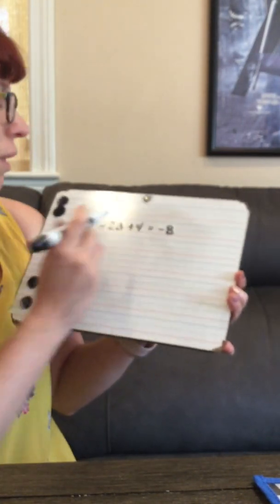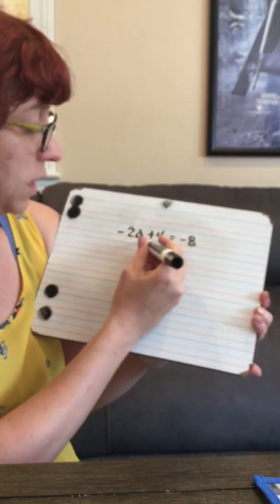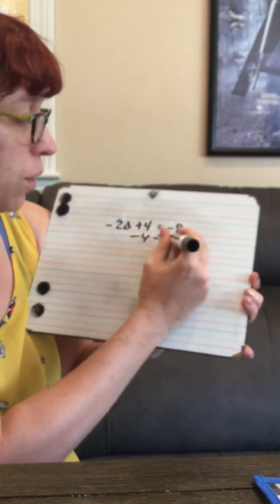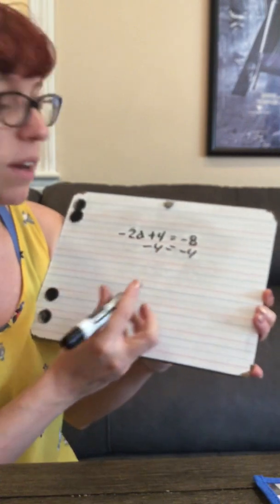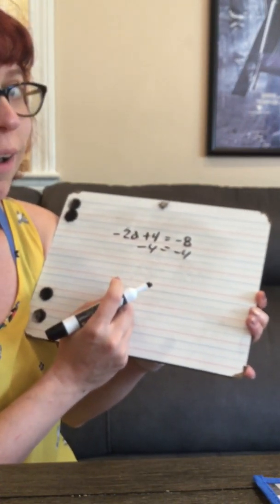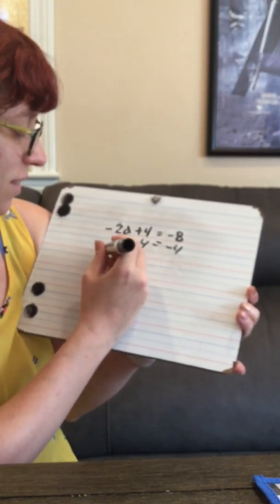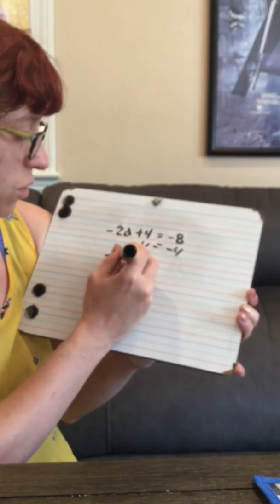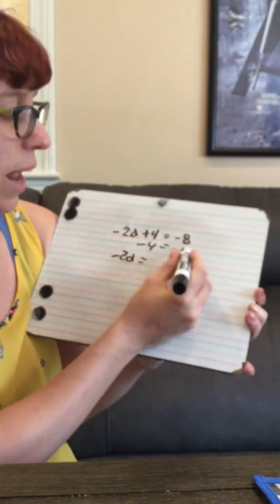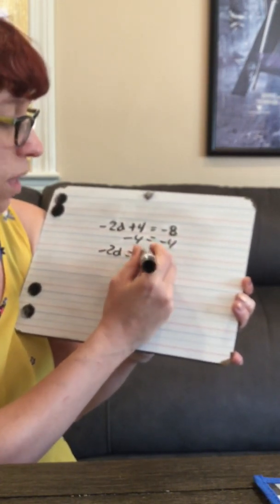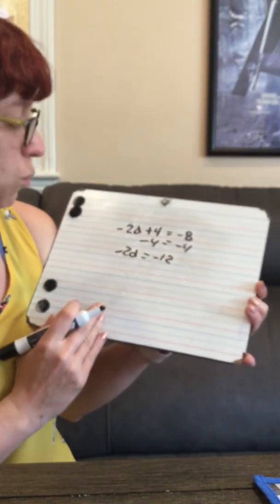Okay? So we're going to subtract the 4 the same way we do, but now we know that a negative and a negative add together. So this one is gotten rid of, so now it's negative 2d equals, and 8, 9, 10, 11, 12. Negative 12.